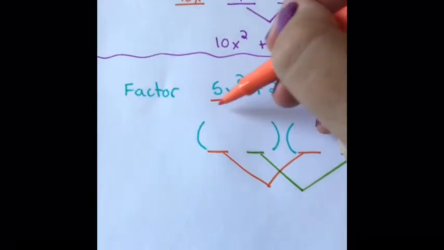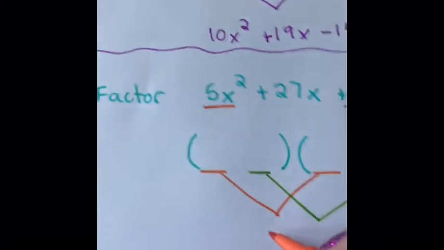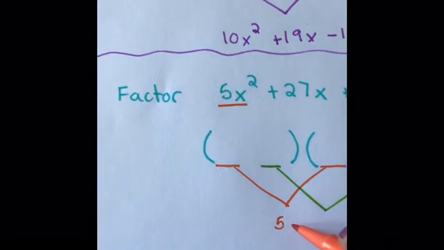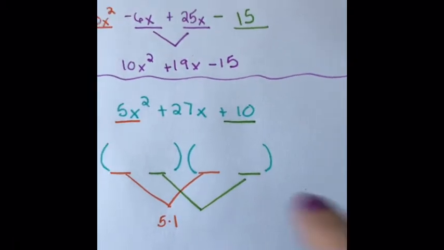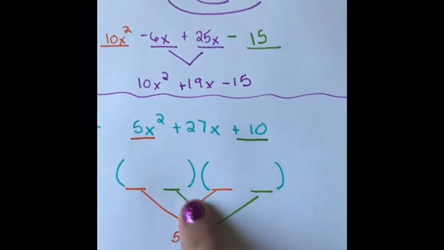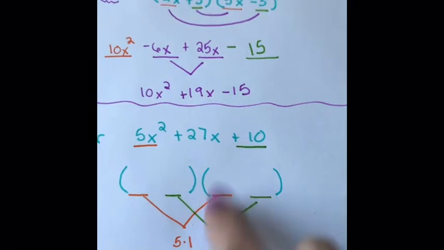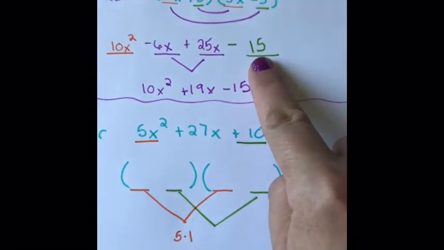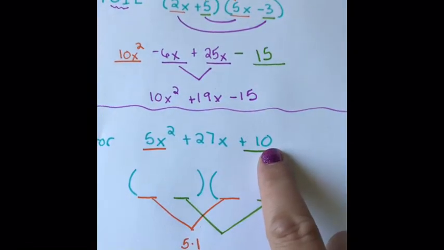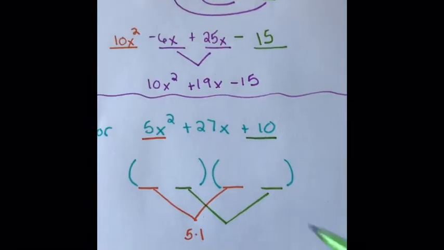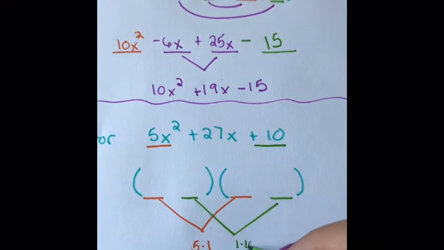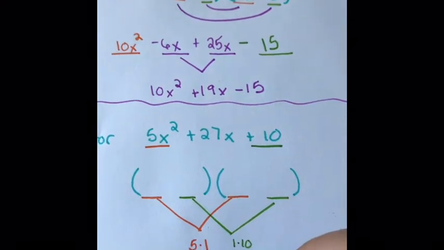Well, it's easy when the front number is prime, because my only choices now are 5 and 1. And then, whenever you multiply your last terms together, you always get that last term. So my last term is 10, which means these numbers have to be factors of 10. So it's either 1 and 10, or it's 2 and 5.